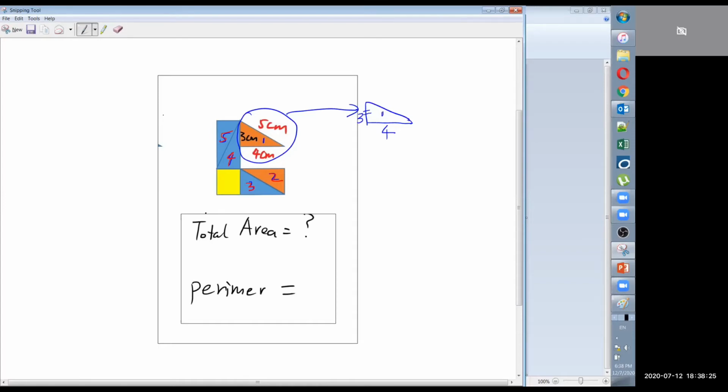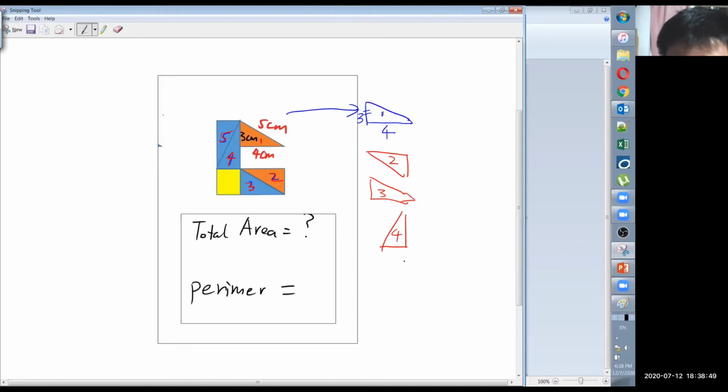They are the same, I think. Yes, they are the same. So that means if you found out triangle 1, basically you have found out 2, 3, 4, and 5.